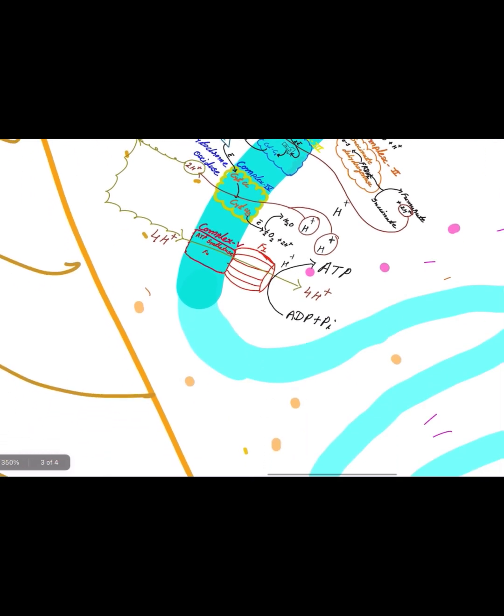So, 4, 4 and 2. Total 10 H plus are there. So, total 2.5 equivalent to 3 ATP molecules are generated, because after the transport of every 4 H plus ions, 1 ATP is generated.